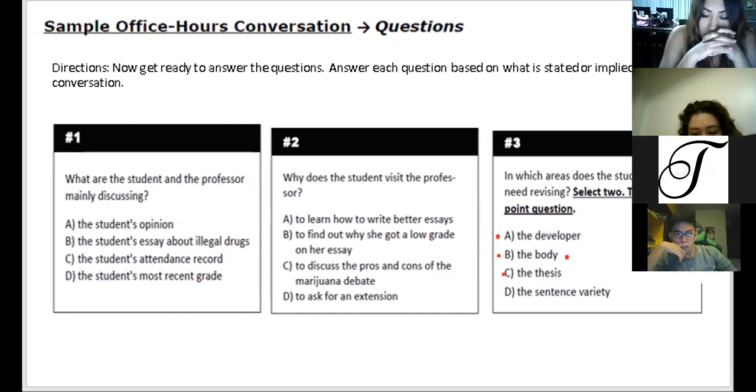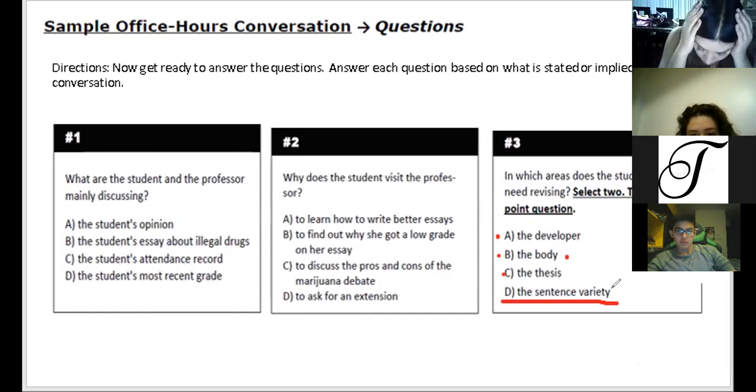Okay, so we can say the sentence variety, nobody chooses because it's not part of the thing that the professor was saying, like, yeah, you need to change your sentence variety. She didn't mention anything of that, so this has nothing to do here.